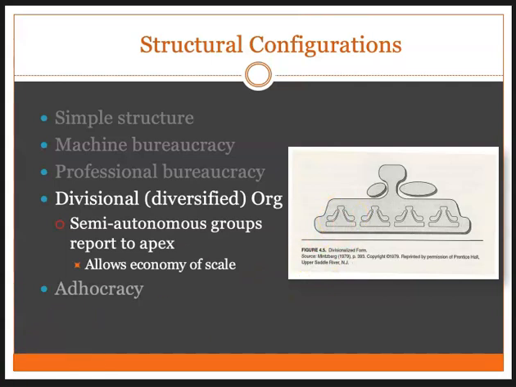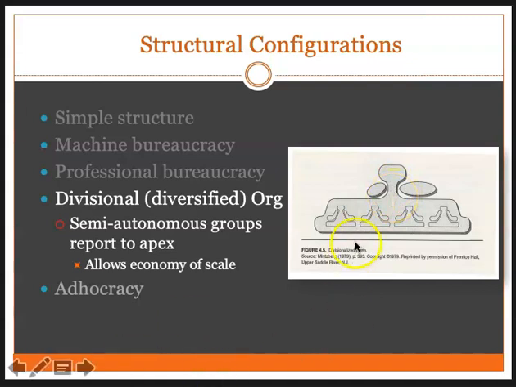So you get some level of independence within each of these bureaucratic structures here, while still coordinating and maintaining oversight of the organization as a whole through the strategic apex at the top here and through these layers of management control.